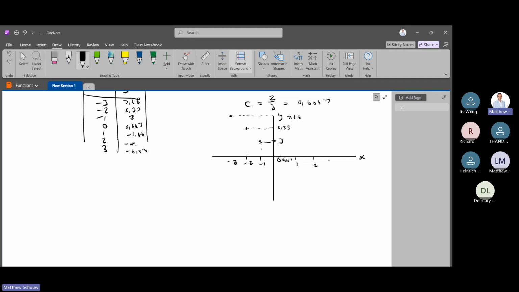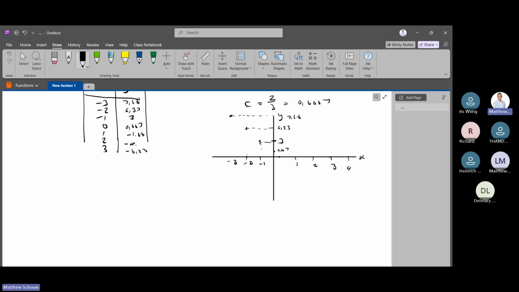Obviously, am I going the wrong way around? No, shouldn't the 0.667 be on the y-axis? Yeah, that's what I wasn't thinking. Delete. Yeah, there we go. So that's x is 0. That's 0.667. Thank you for that.